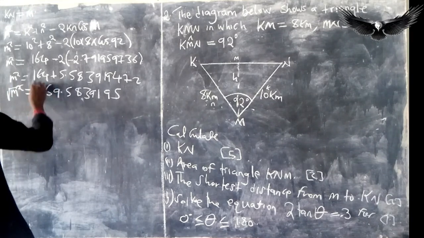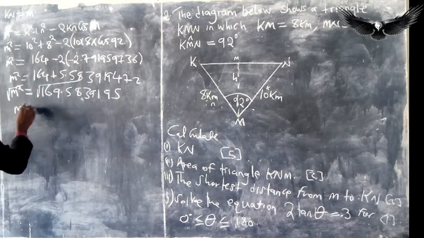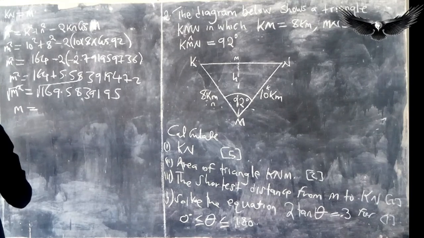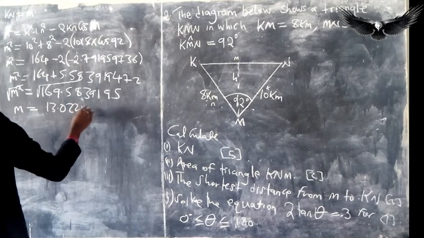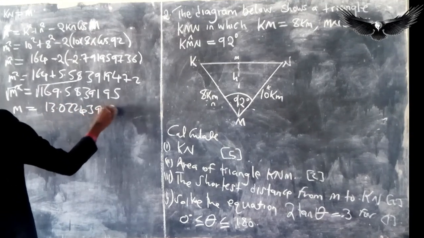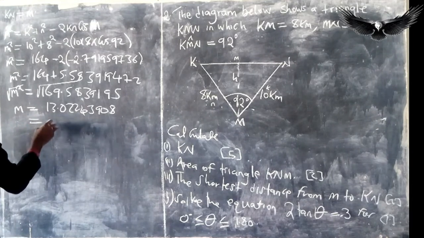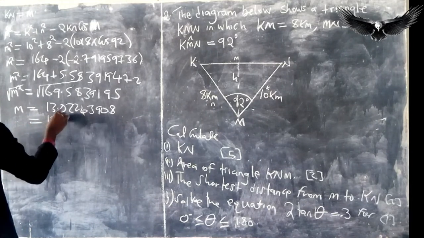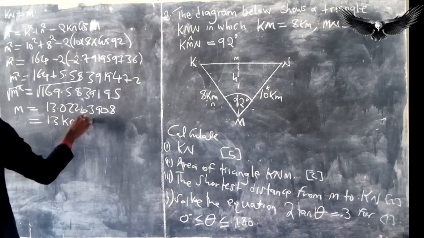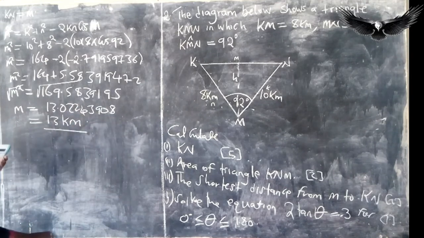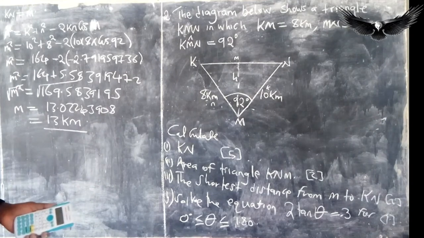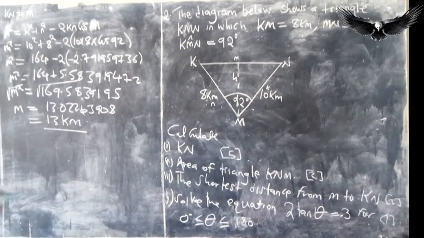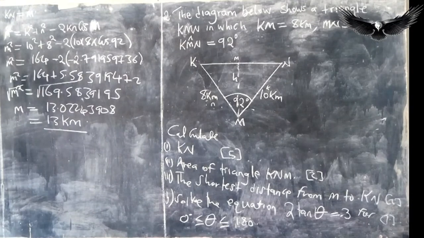So square root there, and your m is equal to the square root of the answer, which will give us 13.02243908. Rounding off this one, it will just be 13 kilometers. Alright, so this one is 13 kilometers.